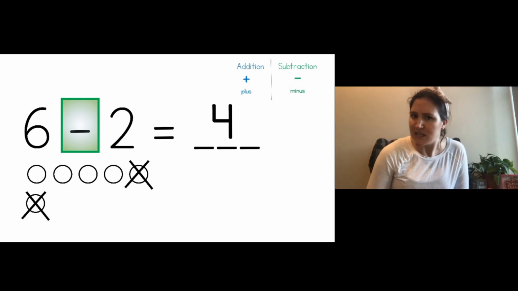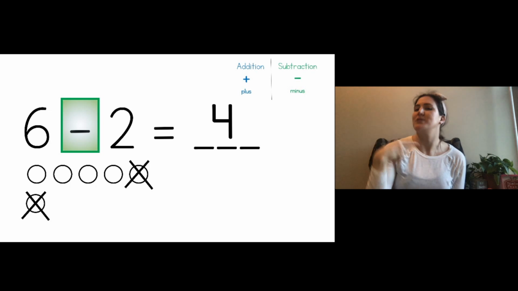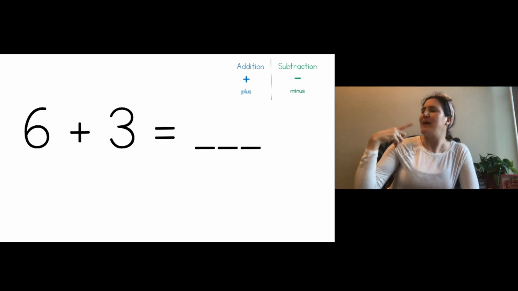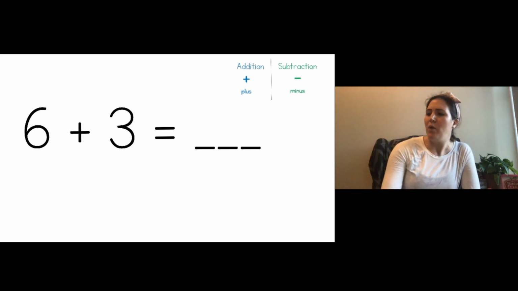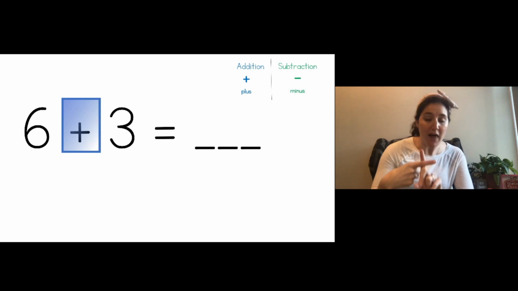Let's see if my next problem is asking me to add with the plus or subtract with the minus. I won't get tricked. So the first thing I need to think about is, do I see plus or do I see minus? Well, what is that? That's plus.